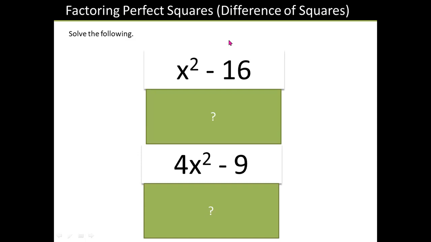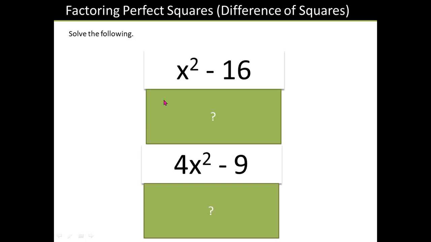Now if we take out factors of x squared, it will be x times x. And factors of 16 will be 4 times 4.